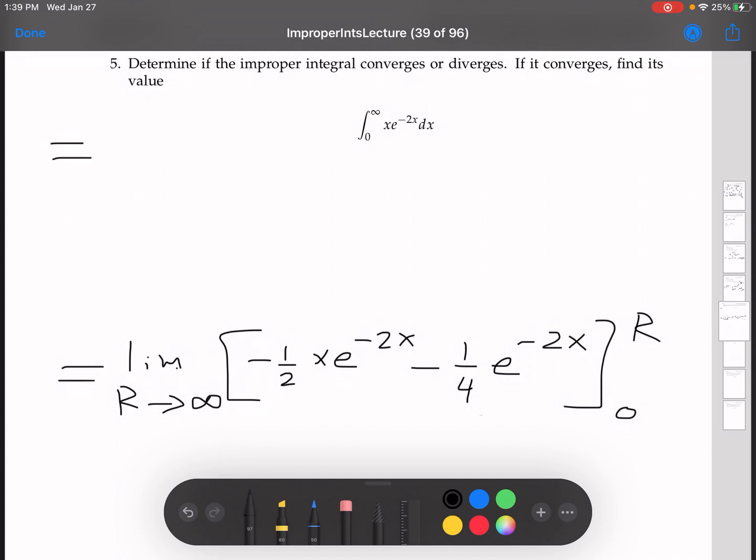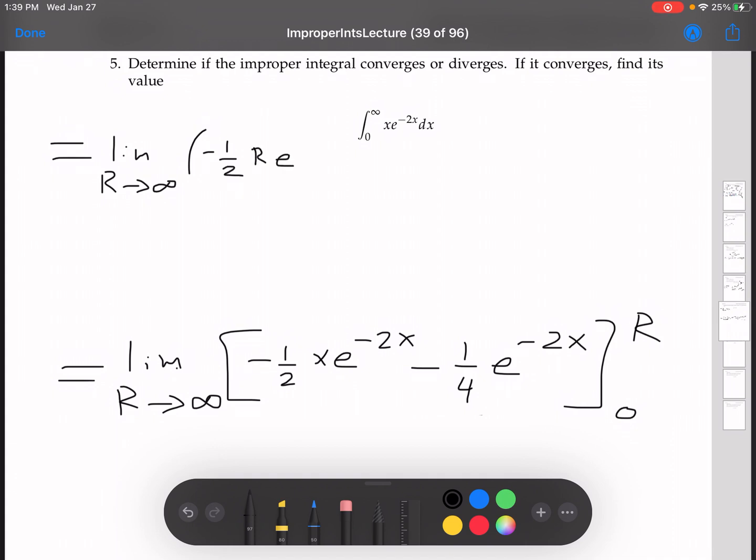Okay, this is the limit as r approaches infinity. And now we'll evaluate. So we have negative 1/2, r goes in for the x's.